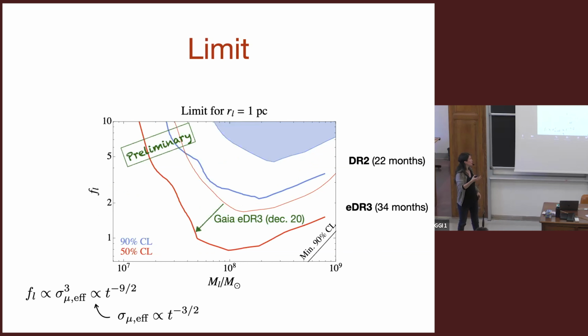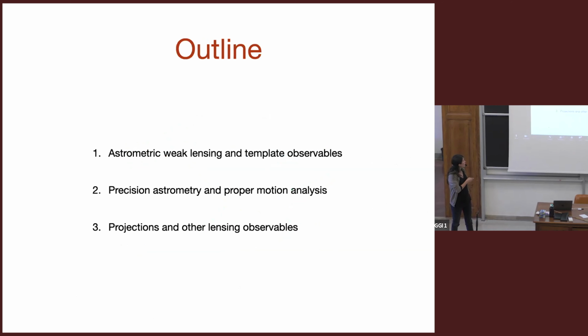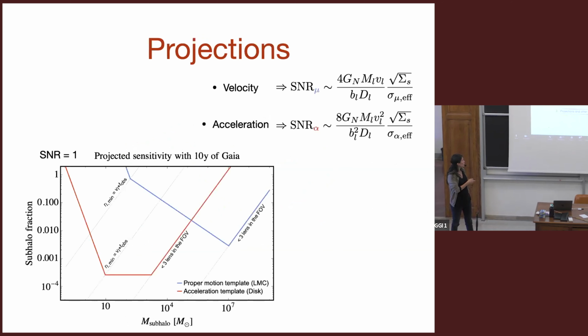So for the observations of stars in the Magellanic Clouds, the proper motion dispersion is expected to improve by an order of magnitude or more. And we already got an improvement by running the analysis on the data that were released later last year that correspond to almost 3 years of observations. But let me now show you the most optimistic projections for the end of the mission for both the velocity and the acceleration templates.